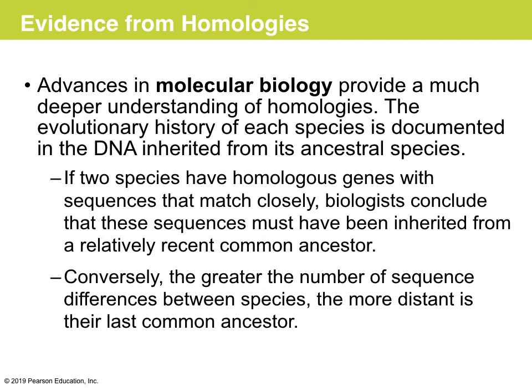So if you have two species with homologous genes with sequences that match closely, then they probably were inherited from a fairly recent common ancestor, that they diverged pretty short time ago from each other. On the other hand, the more sequence differences between species, well, then they diverged from each other much longer time ago, right? The more distant is the last ancestor that they both shared.